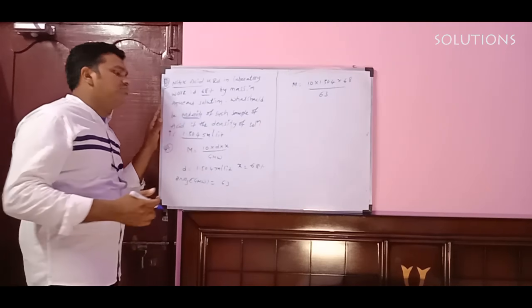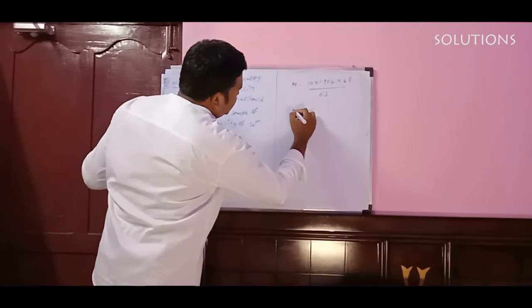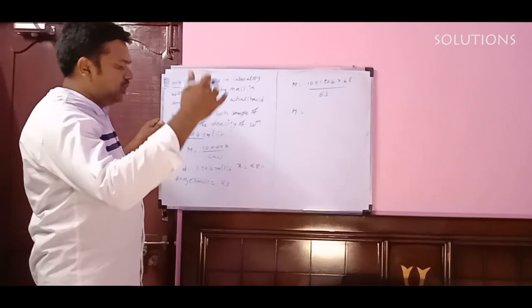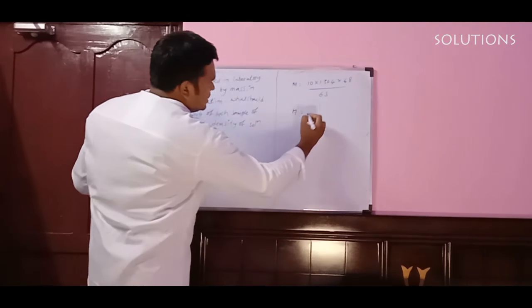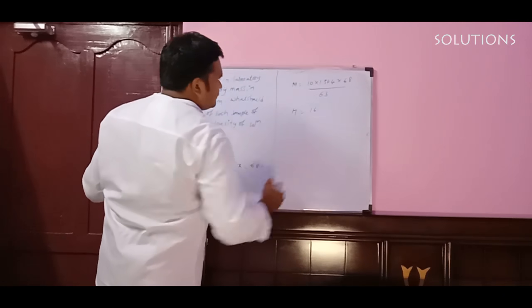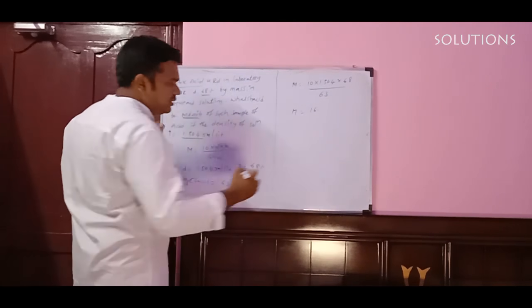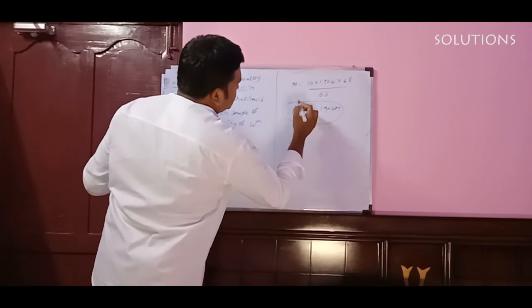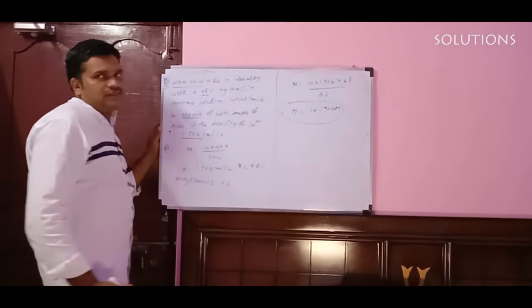Now the calculation part. 10 into 1.504, all together, what you are getting here is 16.1904 molarity. This is the final answer for this solution.